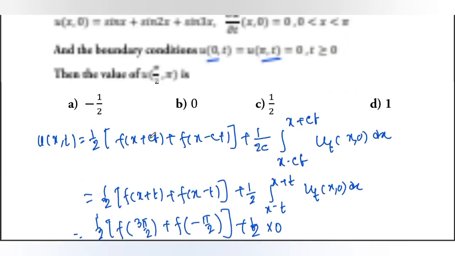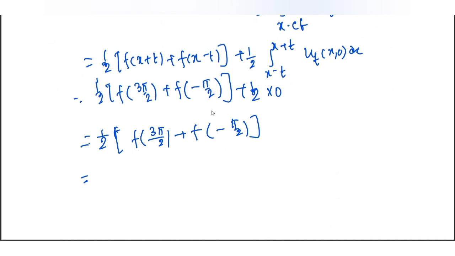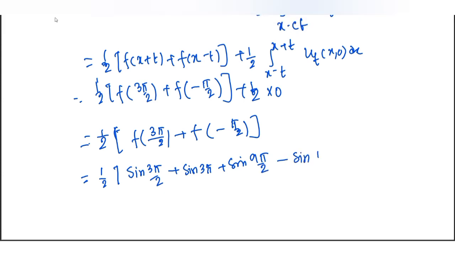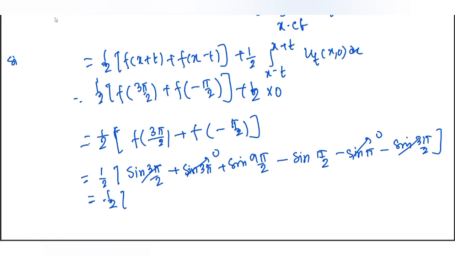Now sin x, sin 2x and sin 3x. Now half of sin 3 pi by 2, sin pi, sin 0, and sin 9 pi by 2, that means sin of 9 into pi by 2 plus 0.